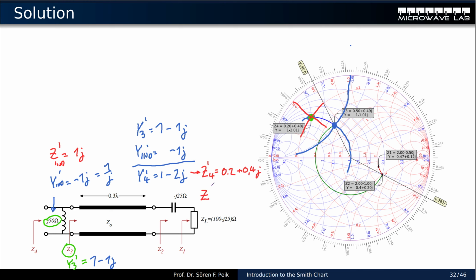Denormalizing it, make this everything times 50, 10 ohms plus 20j ohms. So this is my final input impedance. And let's see if this works here.